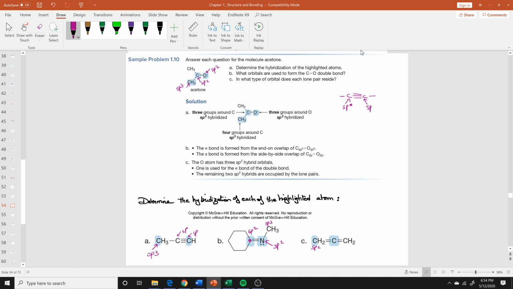And this carbon over here is a CH2, so you have two hydrogens there, and with the double bond that's 3 groups, so it's sp2 hybridized. Now what about this carbon? Is it sp2? Well, not actually, because this carbon has two groups around it, so I only need two orbitals, and this is sp hybridization.